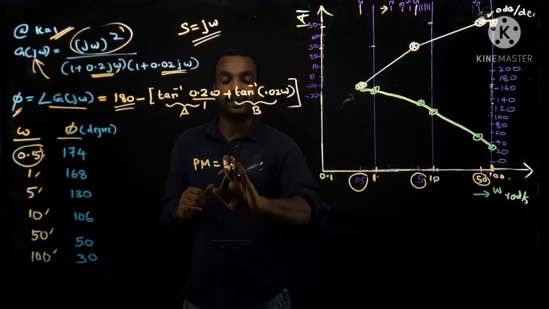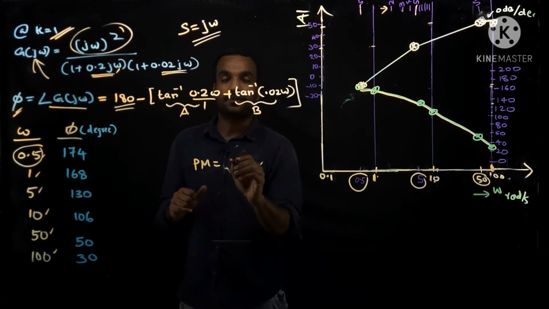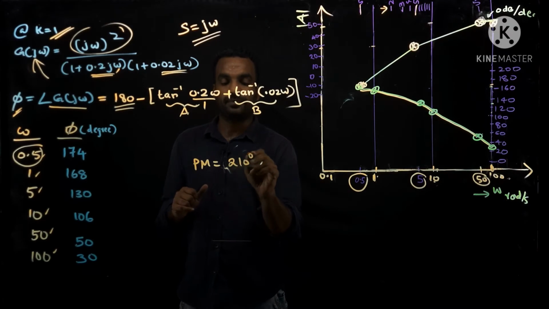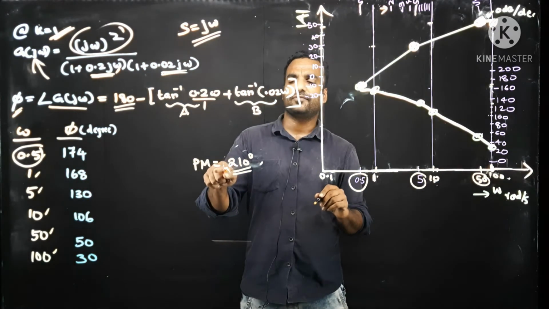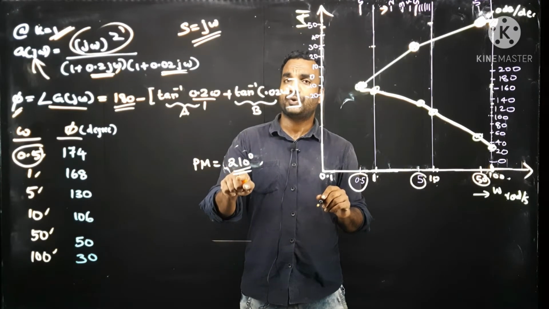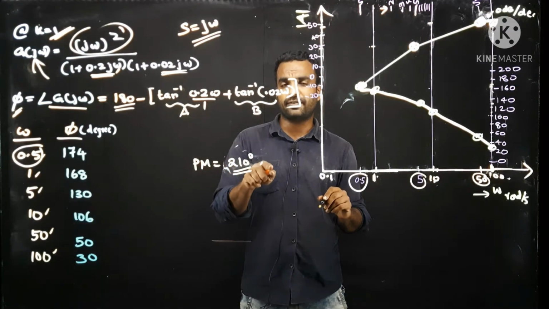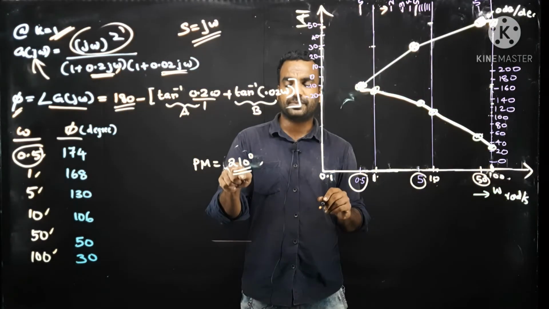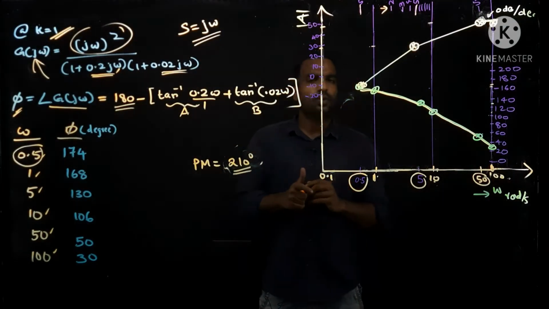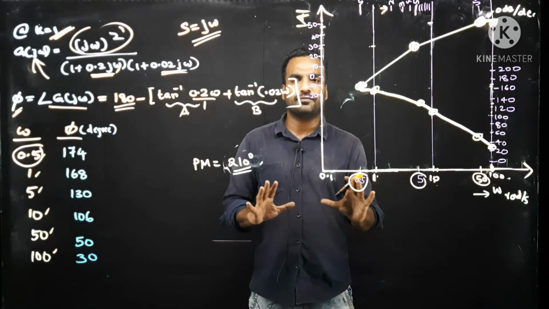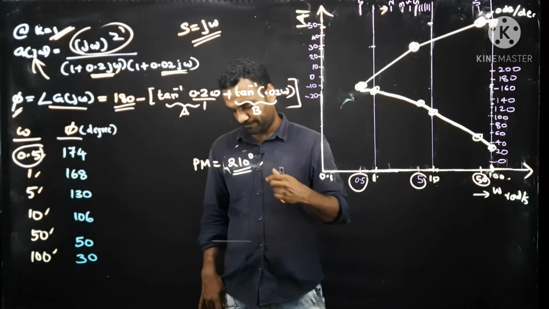You have to take the phase margin as 210 degree. Find the value of k for getting a phase margin of 210 degree. Please cut that 50 degree and replace phase margin with 210 degree. Please correct the question. Okay, now I am moving to the procedure for adjusting the k.